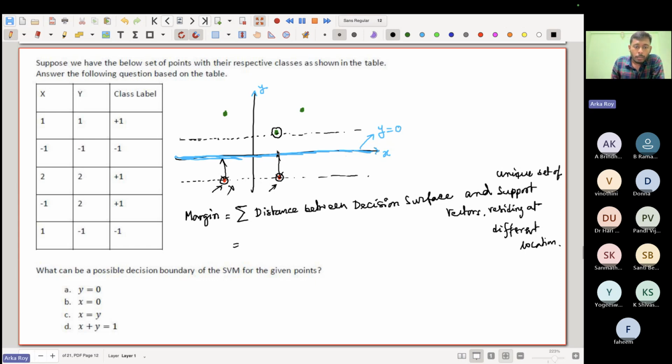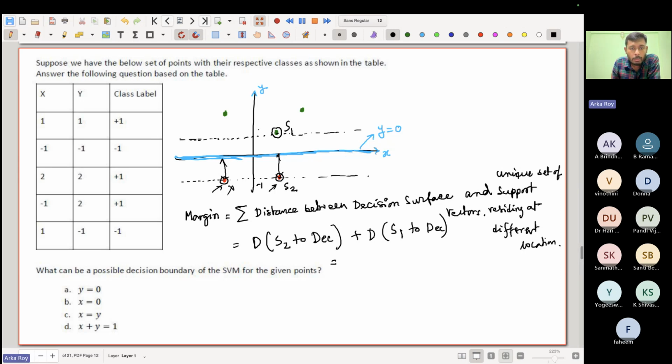So the total distance would be, let's say this is support vector 1 and this is support vector 2. So S2 to decision surface, let's say DEC, plus distance from S1 to DEC, that is the decision surface. Now please tell me what is the distance from this point to this point?